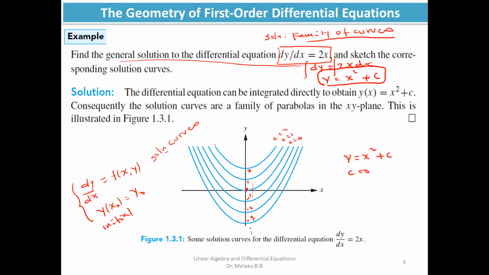It depends on the family of curves and the auxiliary condition given. For example, if y at 0 is a certain number, the solution will be one of these solution curves, one of them only.